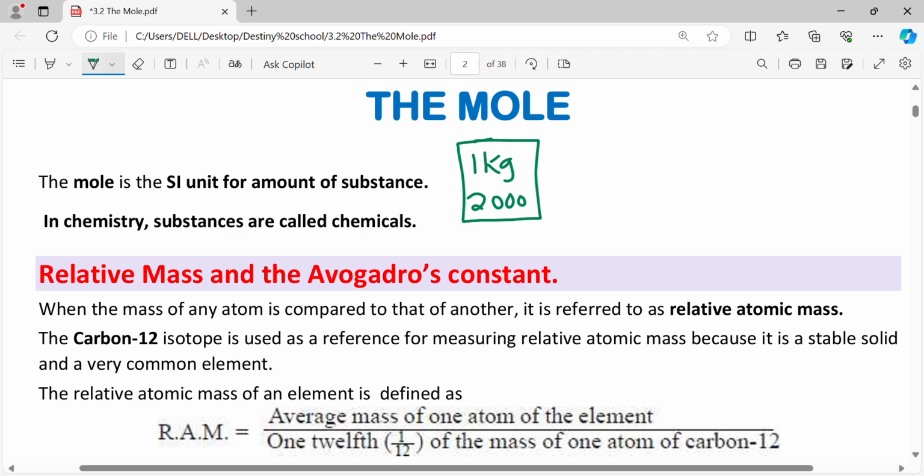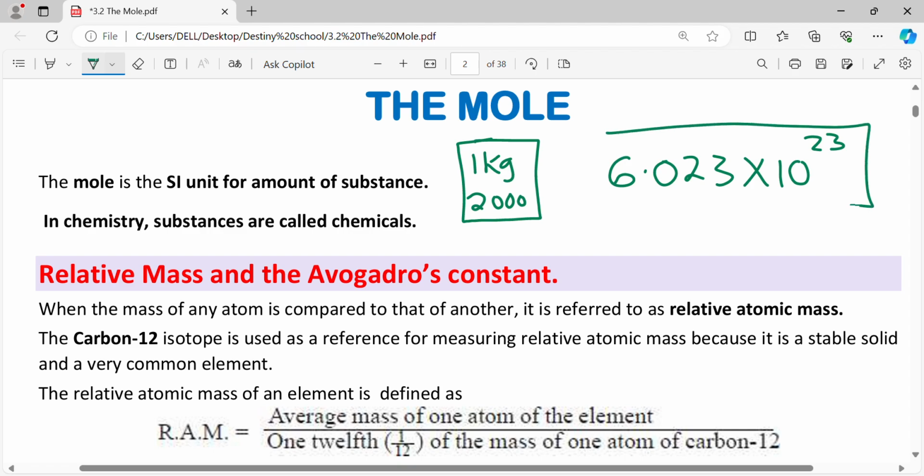But now in moles there's a certain constant, and there is a person behind it. He's called Avogadro. In chemistry, Avogadro was able to tell us that 6.023 multiplied by 10 raised to 23 is the Avogadro's constant. So going back to the rice concept, 1 kilogram needs maybe 2,000 grains of rice.